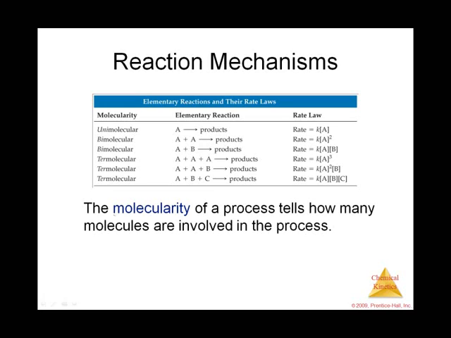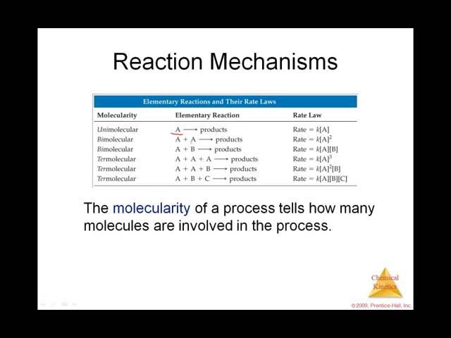You might see these in questions on the AP test asking what is the molecularity of the process. So if you have just one reactant with a coefficient of 1, let's say something decomposing, it's going to be considered unimolecular. And my rate is going to be k times just that reactant's concentration.